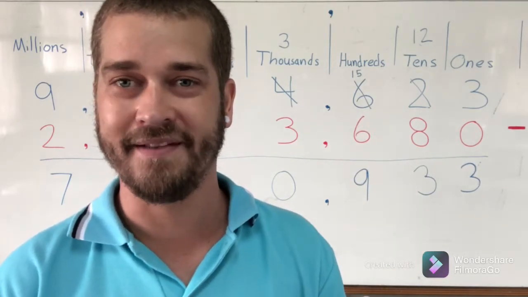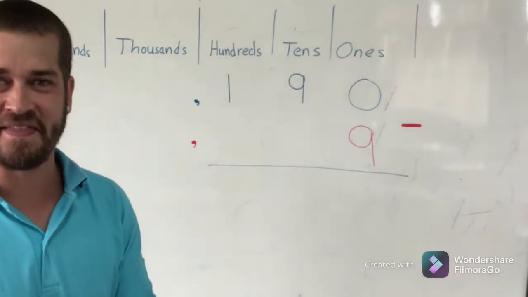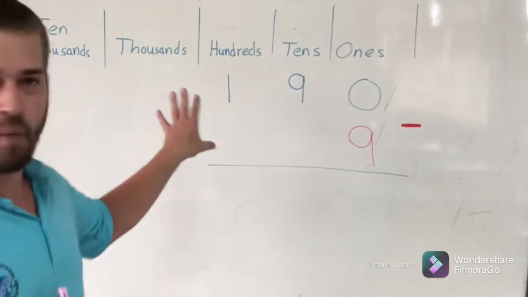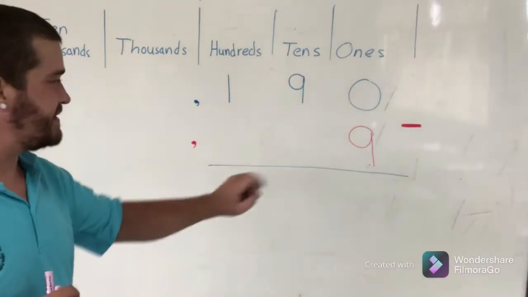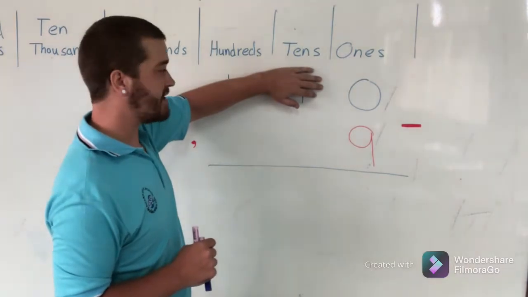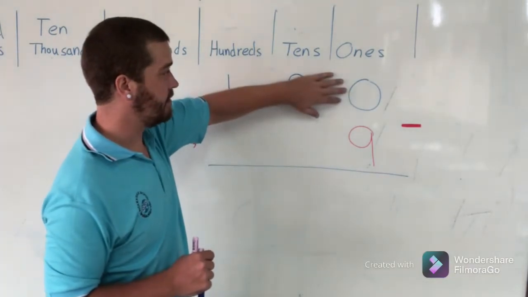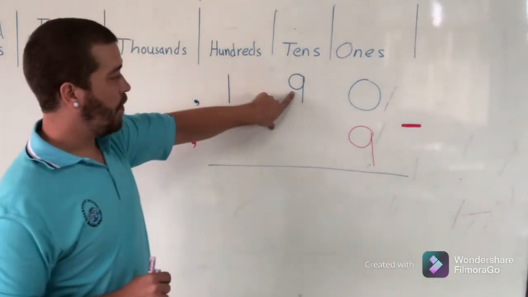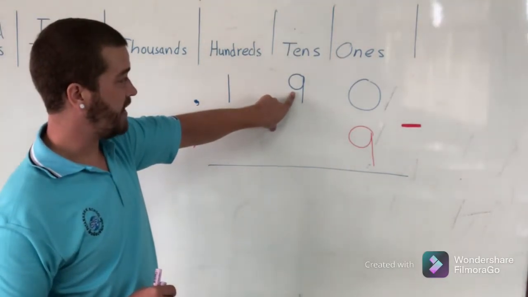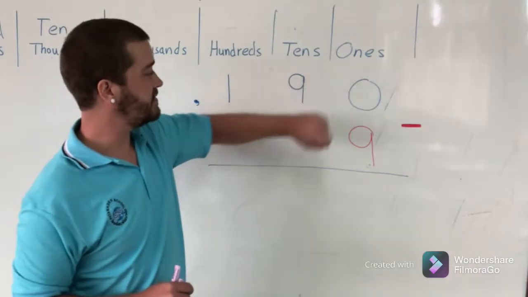Okay? All right. I'm going to try one more time to explain that. We're going to use a lot smaller numbers. So here we have 190 minus 9. Now remember, you cannot subtract 9 from 0. So we're going to take one of these 10s, just one, and we're going to give it to the ones.